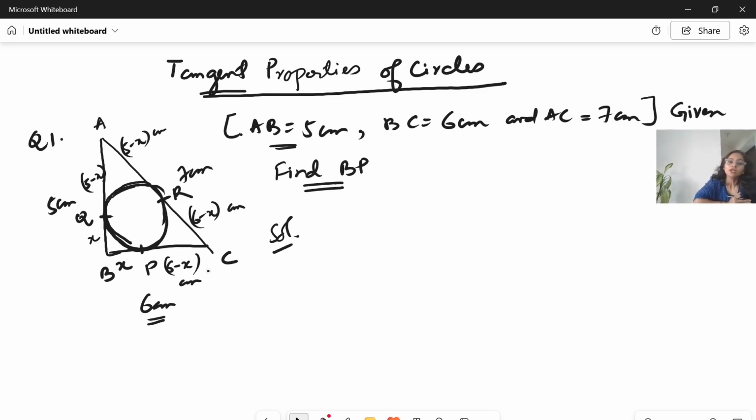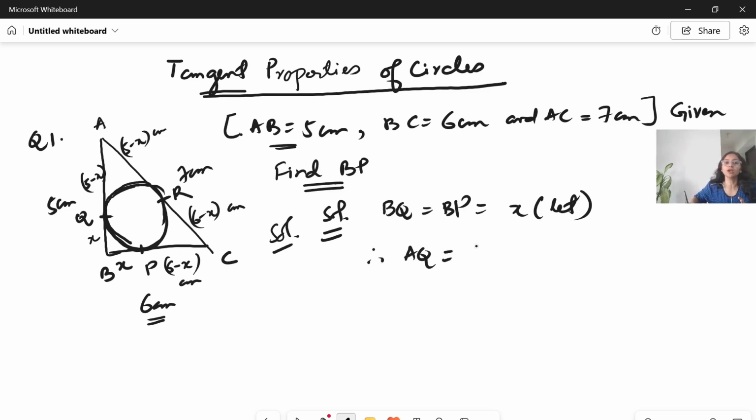How to get BP? If you look at the side AC, how will we write this? BQ is equal to BP equals X. So we have taken that BP is equal to X. Therefore AQ becomes 5 minus X, and similarly AQ is equal to AR.